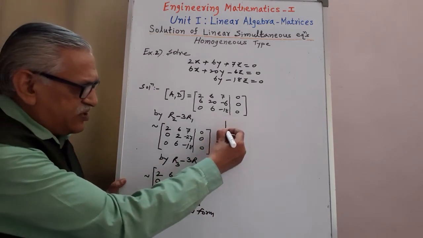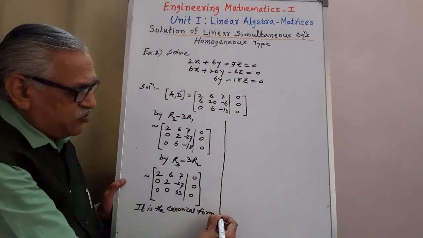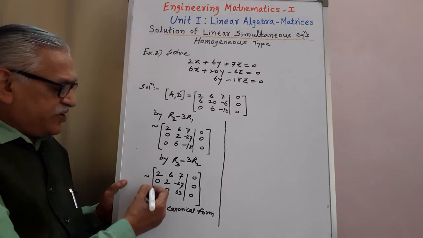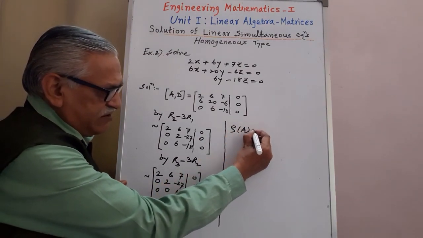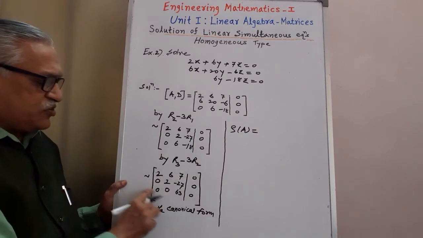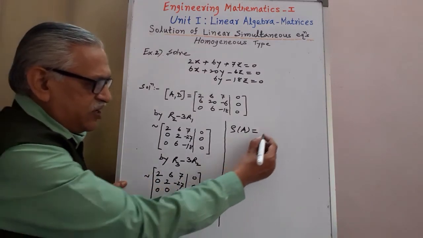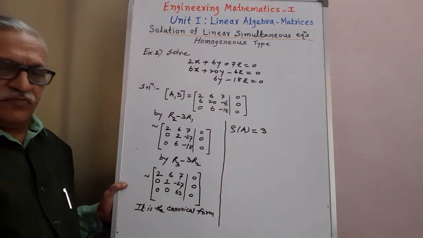After getting the canonical form, to check what type of solution we have, whether unique or infinite, we try to determine the rank of A, the number of non-zero rows. First, second and third are all non-zero rows. Therefore, the rank of matrix A is 3.